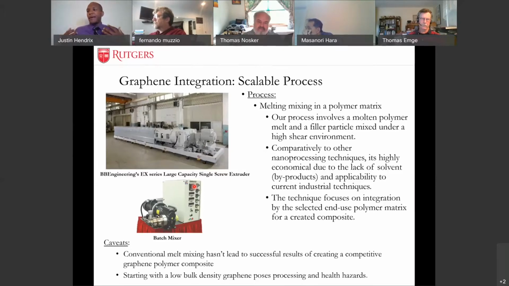There are environmental and inhalation issues, kind of like dealing with carbon black but with far better properties. You have to overcome that, as well as filling issues, especially if you want to put a high weight percentage in a final composite. Starting with graphite, we actually can overcome this issue.